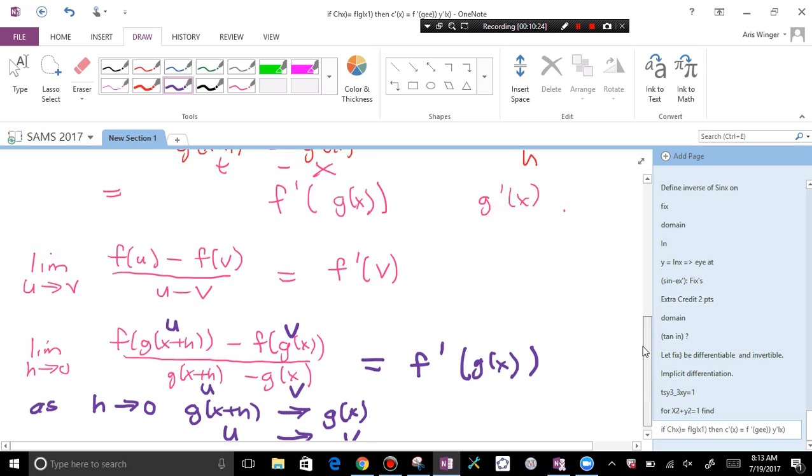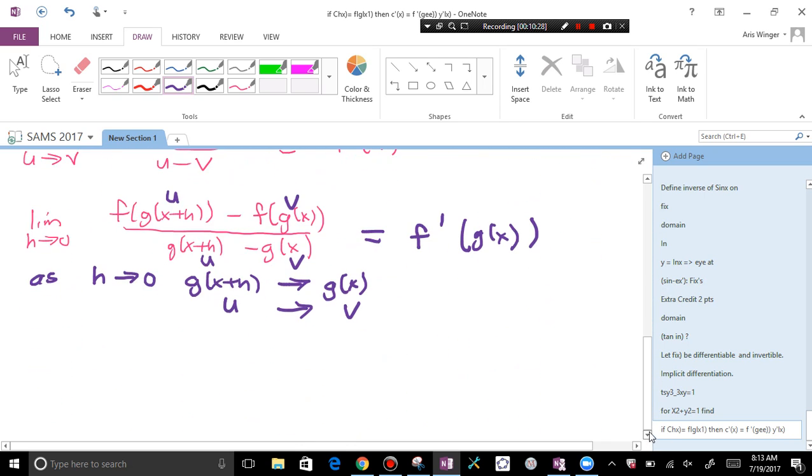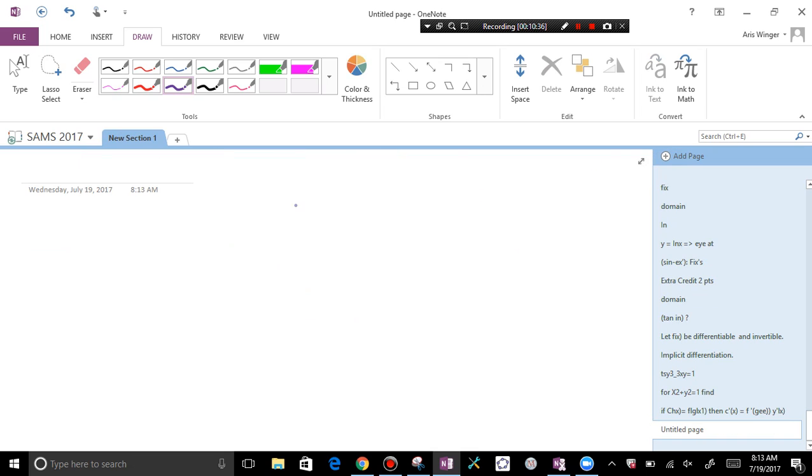Okay. So there's the chain rule. Again, someone asked a question about the homework. There are two things about the homework I want to talk about. One is that Jessica definitely wants to do a chain rule problem like this. f of x is equal to x squared times g of x.